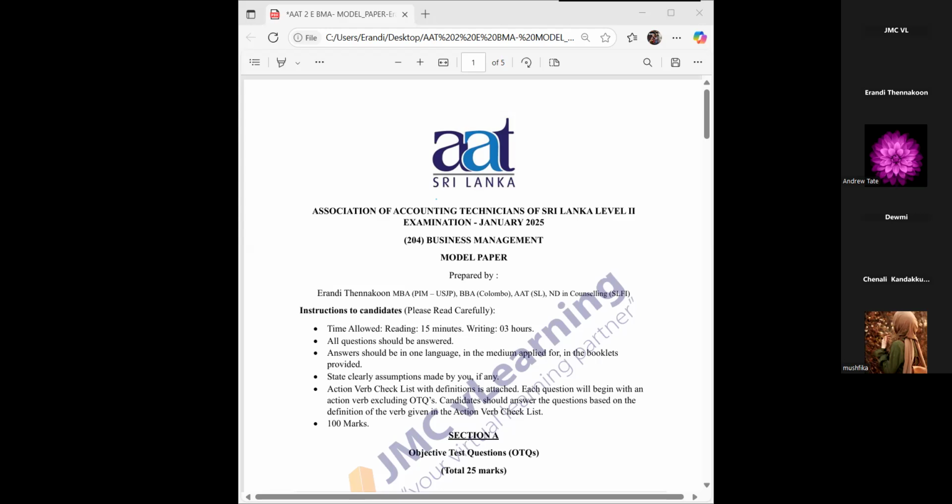They might ask what is authority, what is responsibility, what is accountability? Give examples. What are the differences between authority and responsibility? And then various structures, divisional structures, functional structures, and the advantages and disadvantages also.